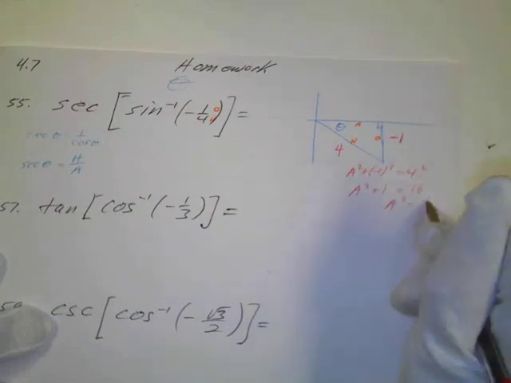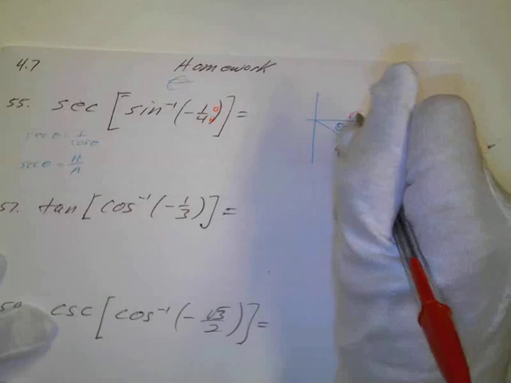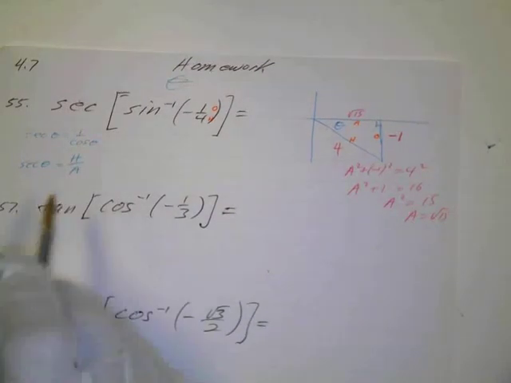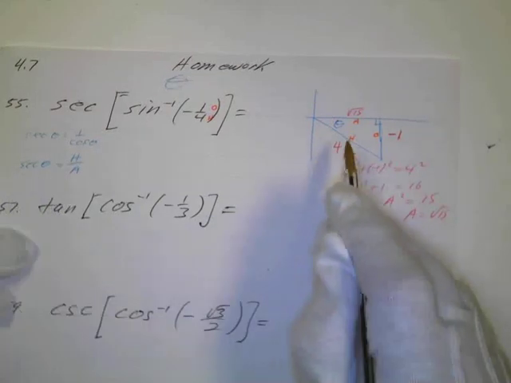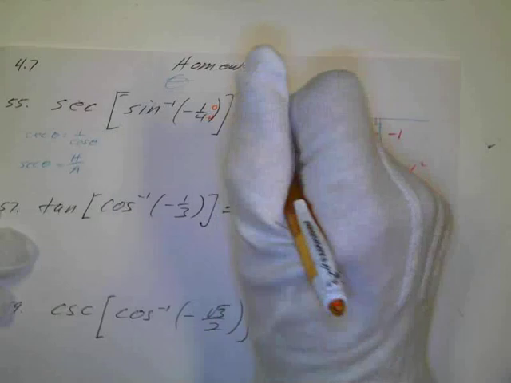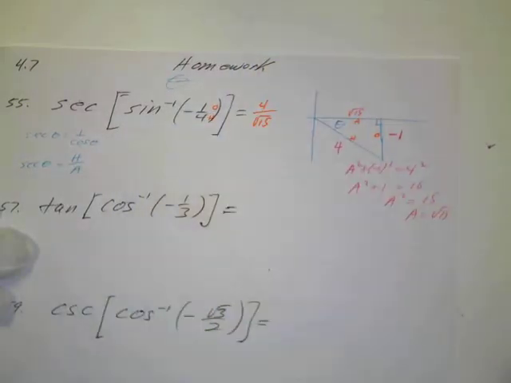So a squared equals 15 if I subtract 1, so a equals the square root of 15. So there we go. And remember, the secant, what we're looking for, is equal to the hypotenuse over the adjacent. So that's going to be equal to 4 over the square root of 15.